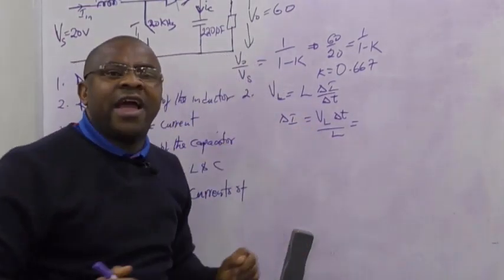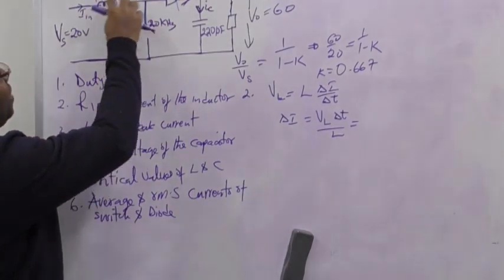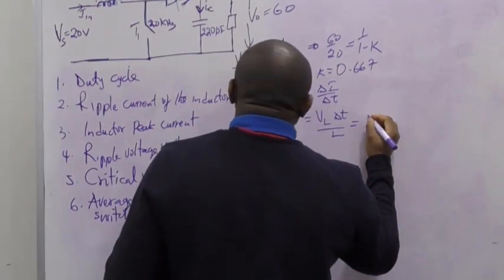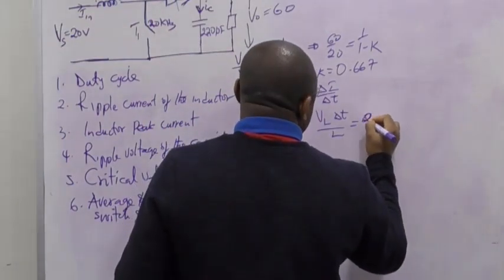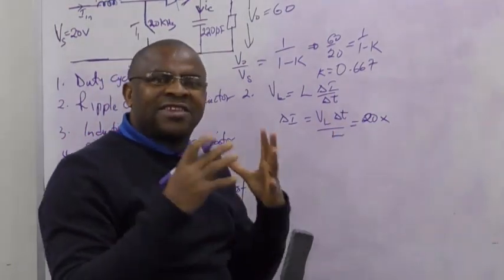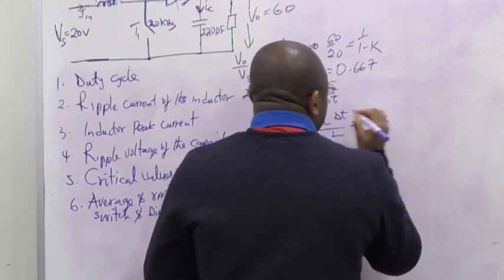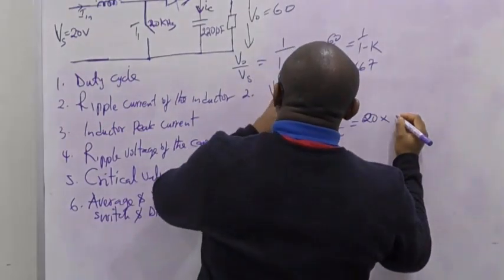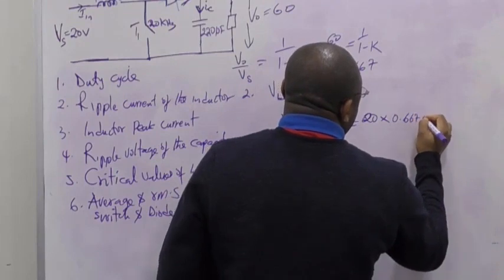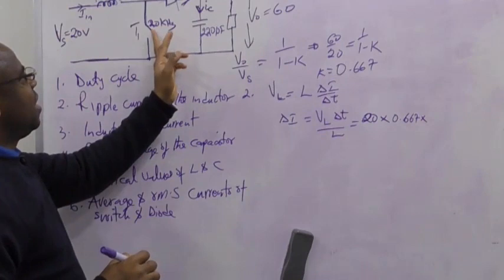Remember, what is VL? At time of on, we just switch this on. VL is VS, right? So I'm going to write this as VS, which is 20, multiplied by time of on. Time of on is KT, and our K is 0.667 multiplied by T. What's our T? The switching frequency.